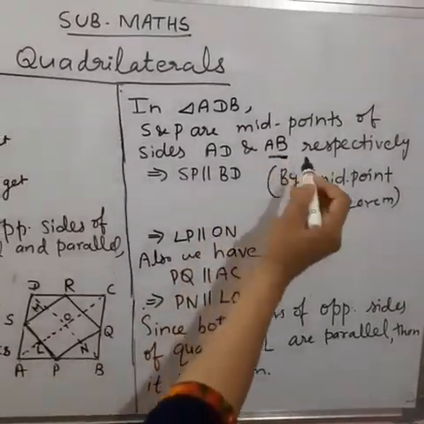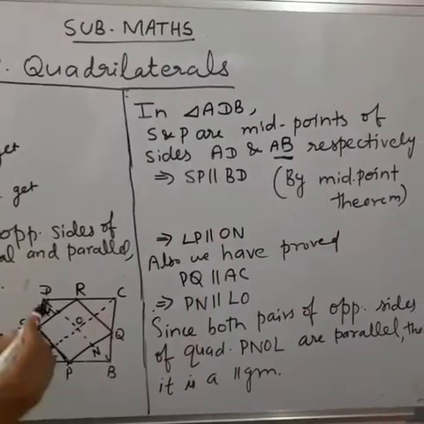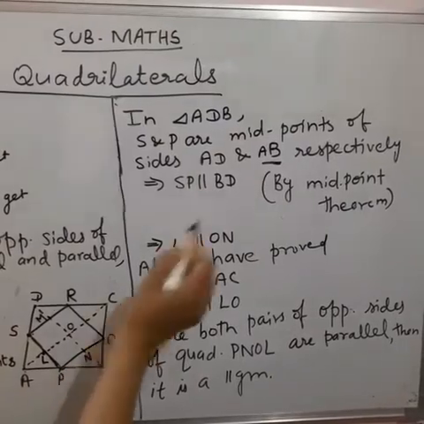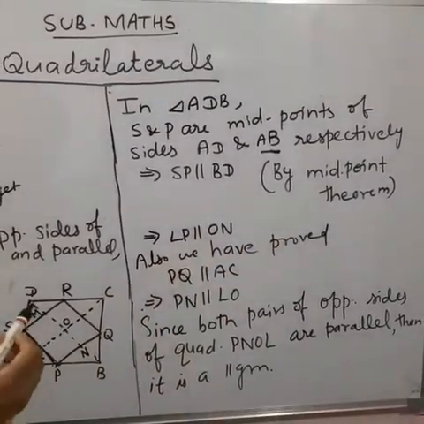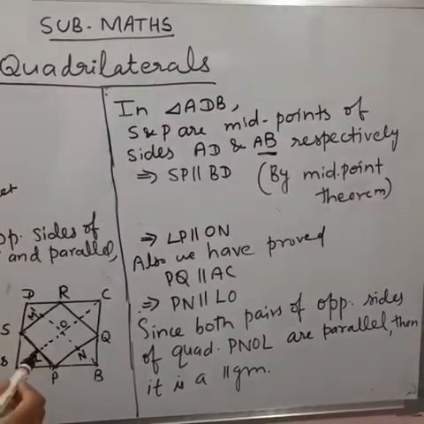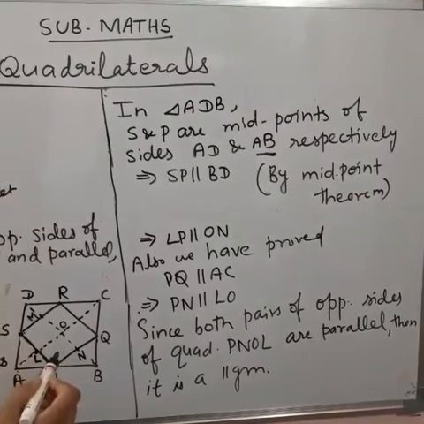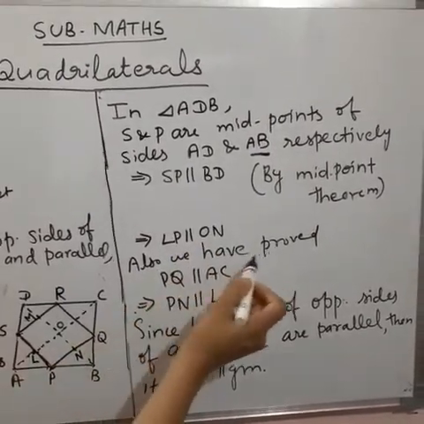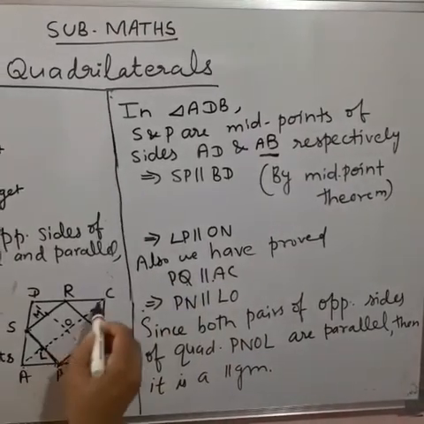Therefore, we can say SP parallel to DB and SP is equal to half of BD by midpoint theorem. That is, if SP parallel to BD, then we can take LP parallel to OM. These are parts of the parallel lines. Next, we have already proved PQ parallel to AC by midpoint theorem.